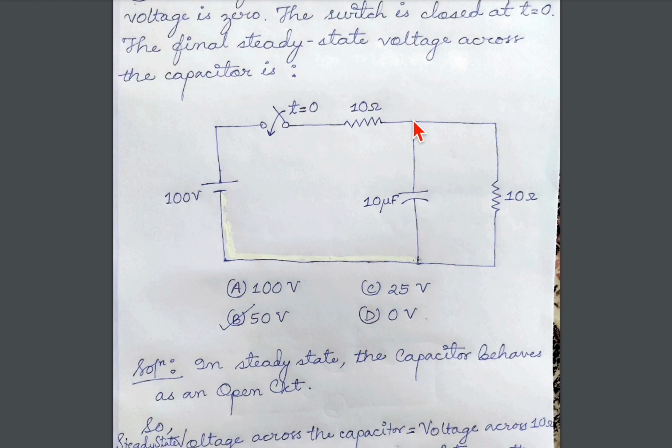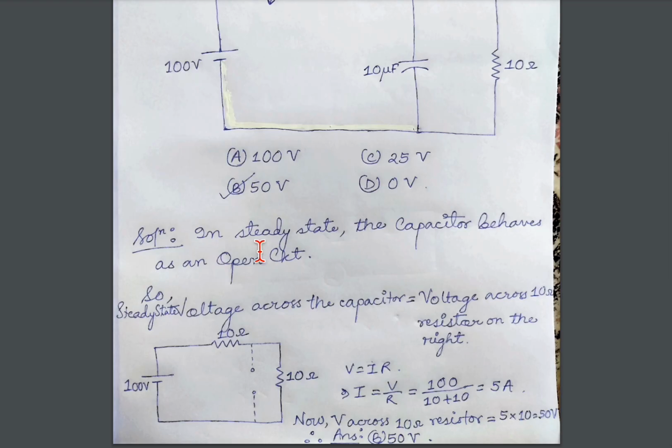So the voltage across the 10 microfarad capacitor will become equal to the voltage across the 10 ohm resistor. Not this 10 ohm resistor, the 10 ohm resistor on the right. It's written that in steady state, the capacitor behaves as an open circuit, so the steady state voltage across the capacitor will be equal to the voltage across the 10 ohm resistor on the right.